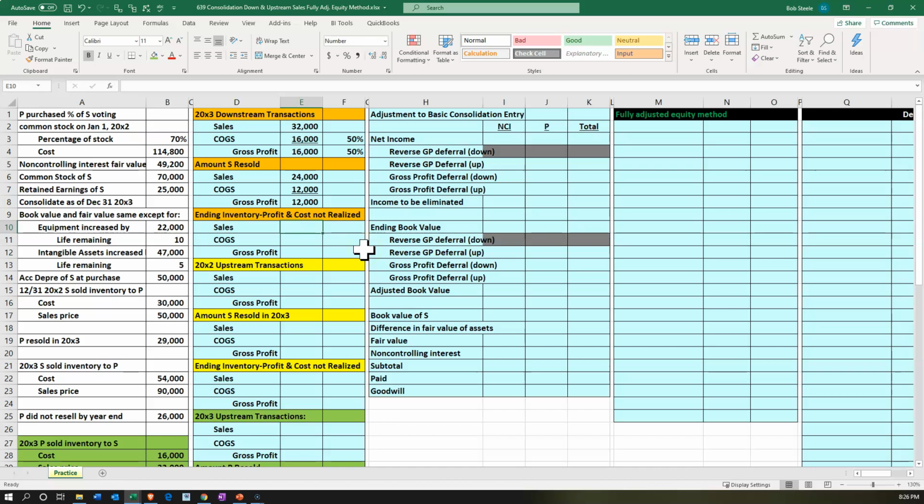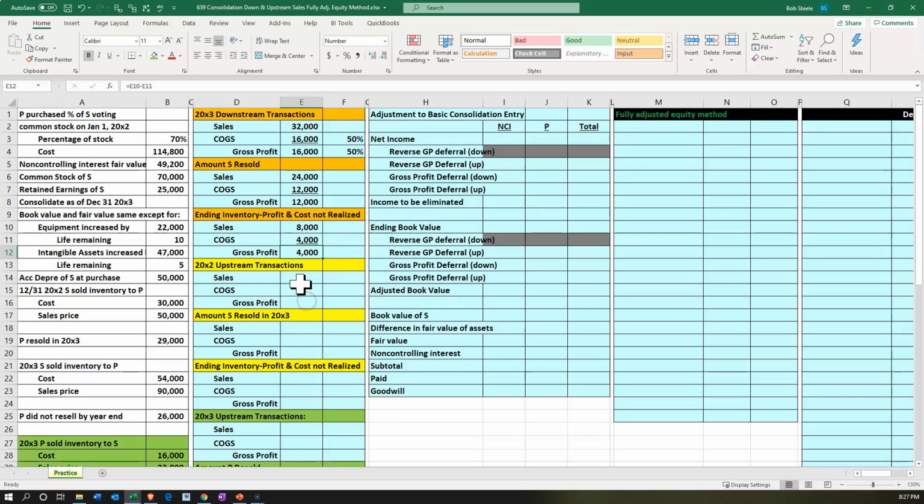So this is what is reflected still basically in ending inventory. So we have the sales minus the 24, the difference, and then we have the cost of goods sold. I could take 50% of the 8,000, or 16,000 minus the 12, and then I could take 16 minus the 12, or 8 minus the 4, or use the gross profit percent to get to the 4.